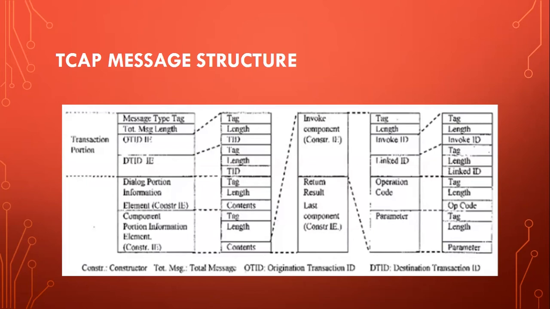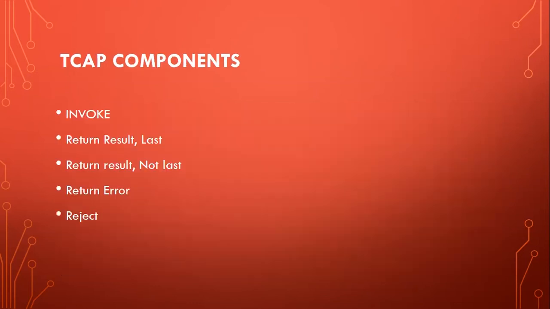The diagram can explain very clearly that if you can look at the transaction portion, have the tag, length, and tag length, as we'll see in the dump that we have next. TCAP components, we have invoke, we have return result last, we have return result not last, and we have return, error, and reject.